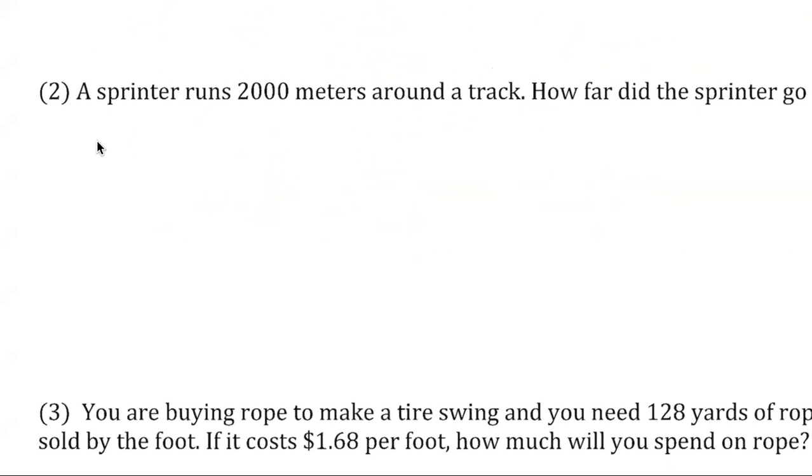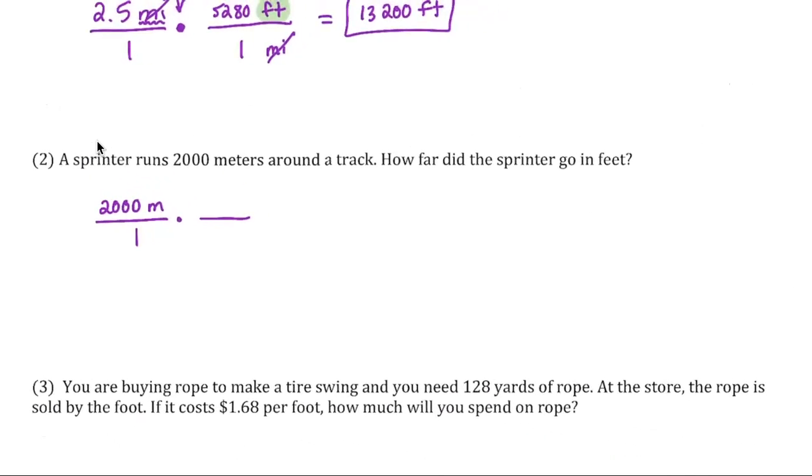So if we look at my next one, we have a sprinter that runs 2,000 meters around a track. So we're going to start off with my 2,000 meters. We're going to put it over 1. And our goal is going to be to multiply by a conversion factor. Now, the conversion factor that we would ultimately love is one that goes from meters into feet.